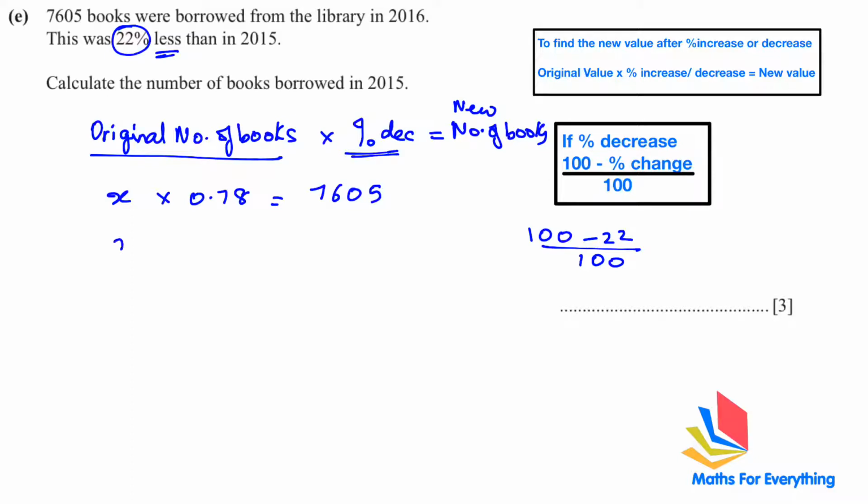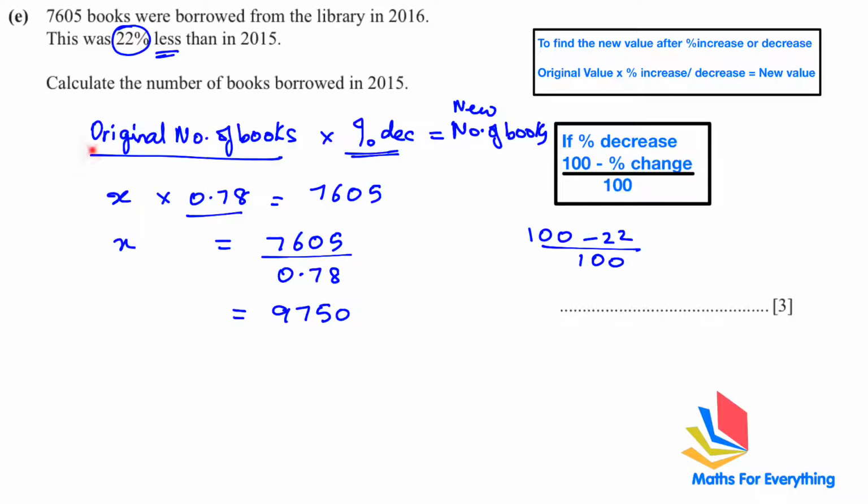So to find the total number of books in 2015, divide 7605 by 0.78, and that will be 9,750. This is a very important question and it's not difficult.